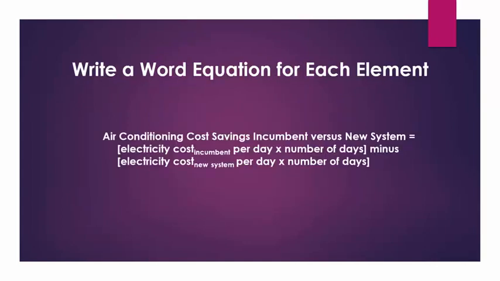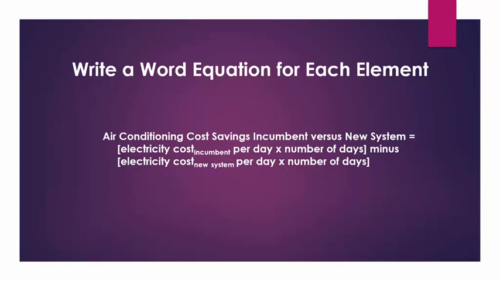All right, now for each of these elements that I decide to evaluate, what I'm going to do is write a word equation. Now, a word equation summarizes how I determine the superiority of one product versus another in as easy a set of terms as is possible. So for example here, I've got air conditioning cost savings, incumbent versus the new system, and I said that that's basically the product of several things.